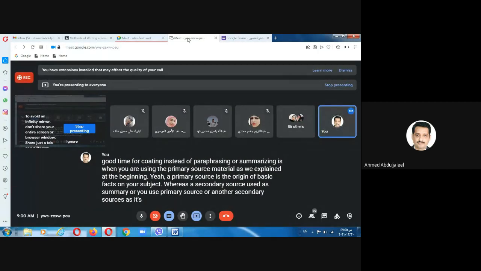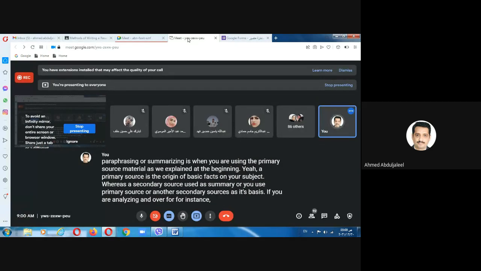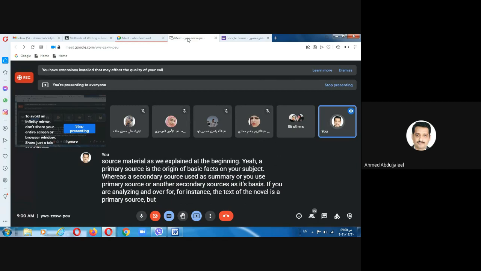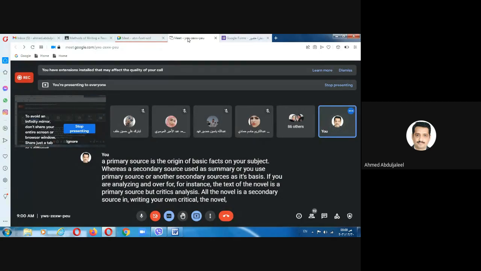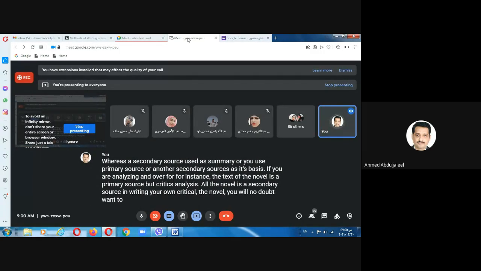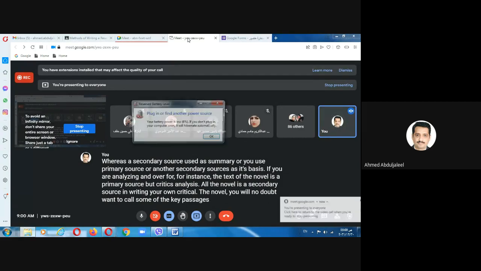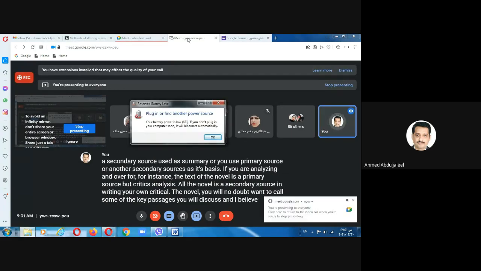If you are analyzing a novel, for instance, the text of the novel is a primary source, but critics' analysis of the novel is a secondary source. In writing your own critique of the novel, you will no doubt want to quote some of the key passages you discussed. And I believe this will be done in literature.